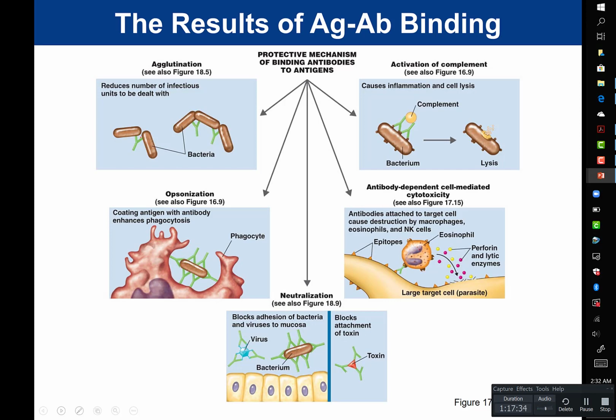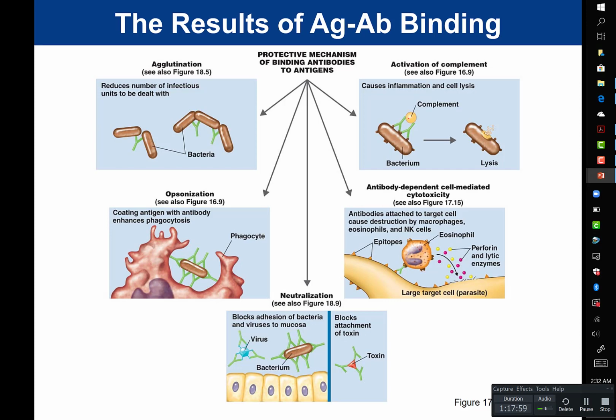And then lastly, antibodies can activate complement protein. And so remember that if complement is activated, it causes inflammation as well as cell lysis, because complement is going to activate the membrane attack complex. Antibodies have binding sites for the complement.